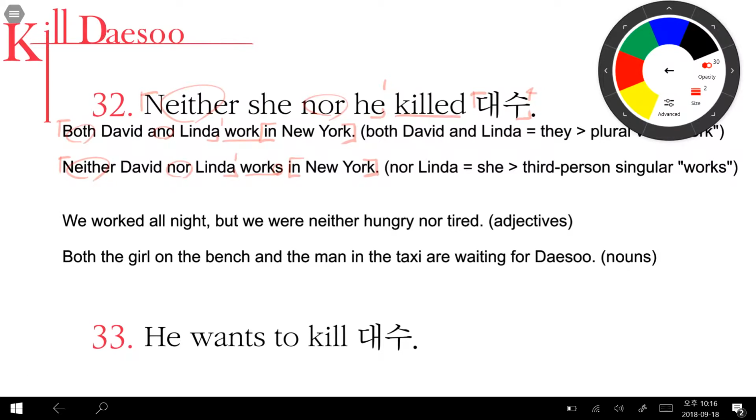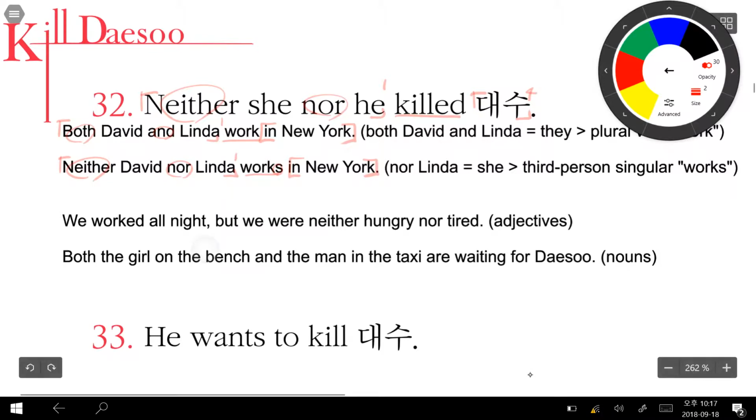As I mentioned before, when a correlative conjunction connects two words or phrases, they are usually of the same type. For example, an adjective will be connected to another adjective, and a noun phrase will be connected to another noun phrase.